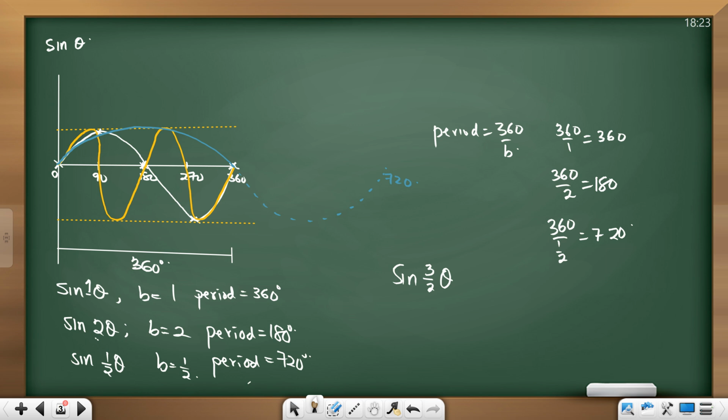Use the formula quickly, everybody. I need the period. Part 2, I need a period of sine. I have sine 3/2 theta. Give me an answer. The formula is there. I gave you the formula.